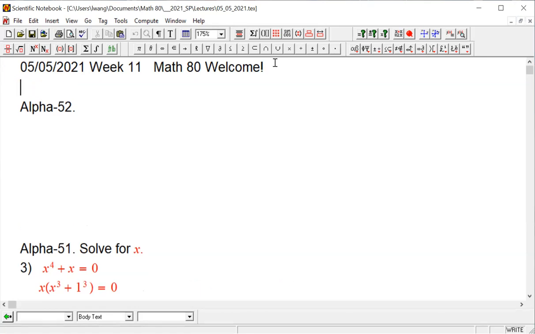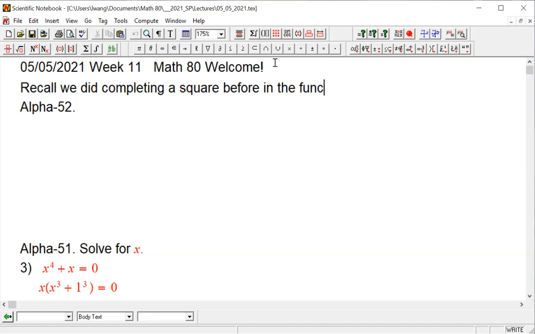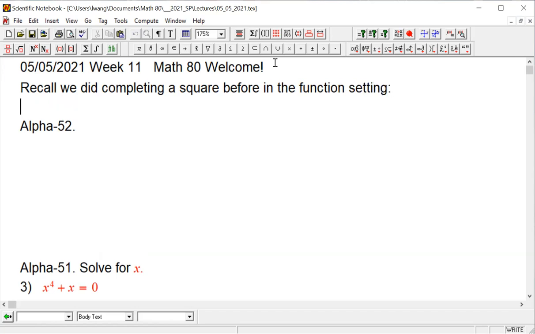Okay, recall that we did completing the square before, in the function setting. Okay, for example, what we did here, so we have f of x equals x squared plus 2x minus 3, that example we did.